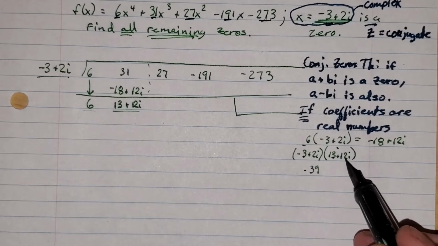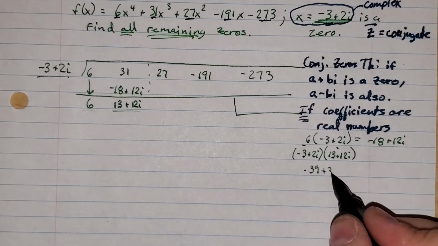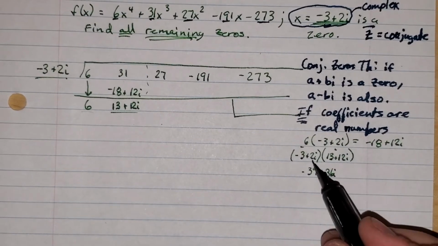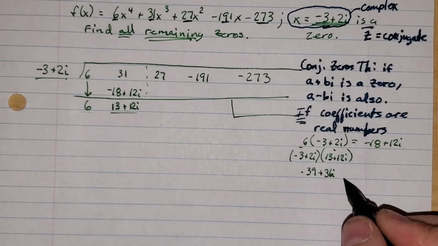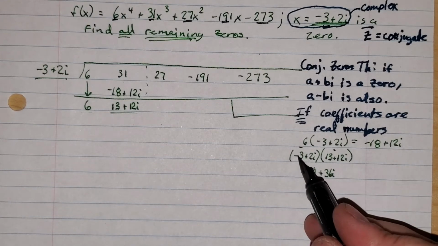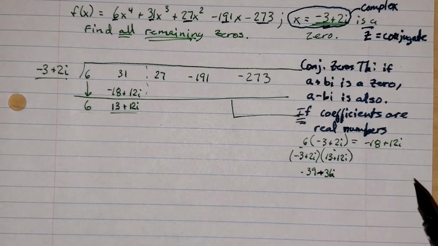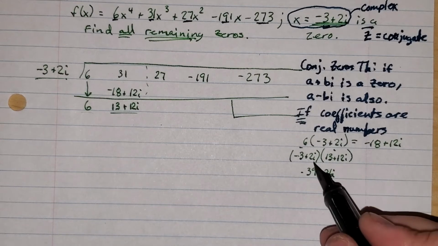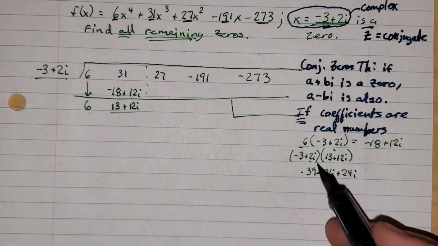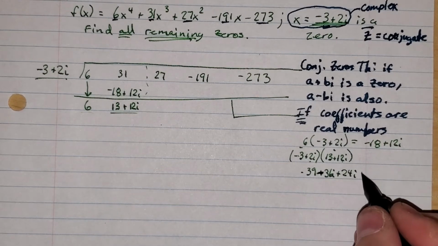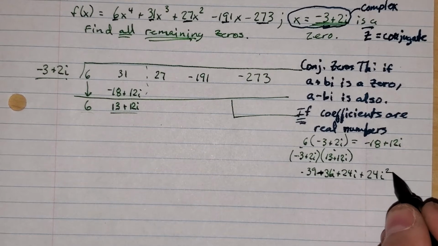And then negative 3 times 12 is negative 36i. And then 2 times 13, and then 2i times 12i is 24i squared.